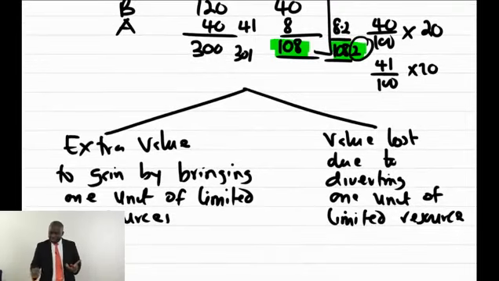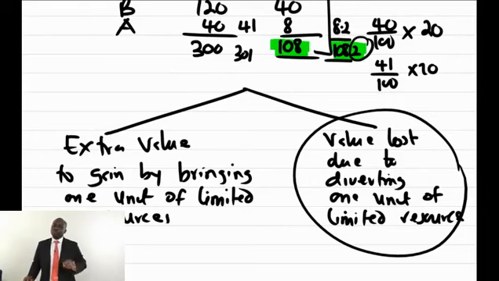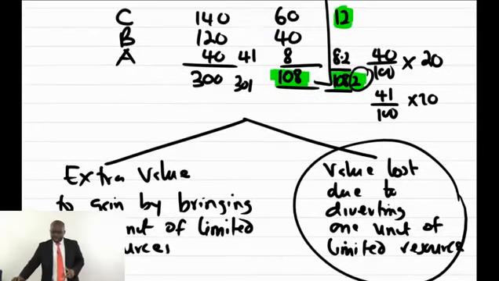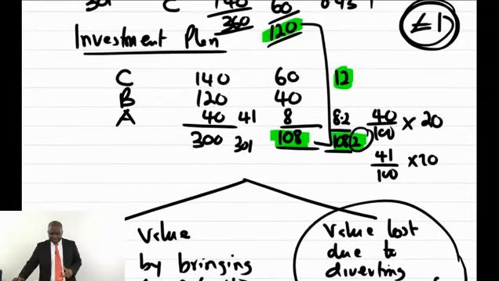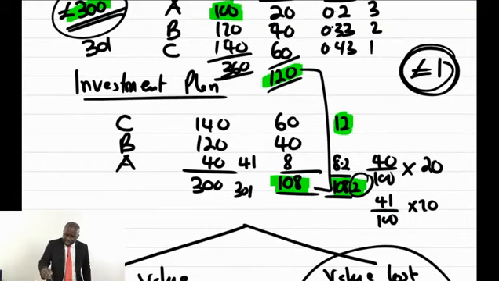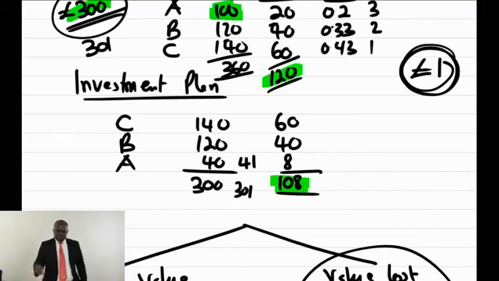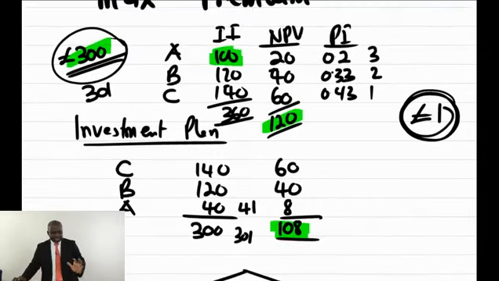The next argument is that the shadow price is also the value you will lose as a result of diverting 1 unit of the limited resources. So let's come here again. For the sake of argument, I am going to create this scenario: currently we have only 300.